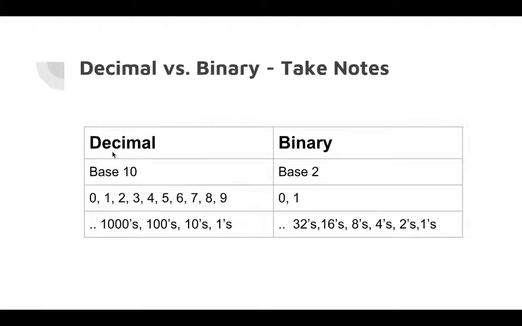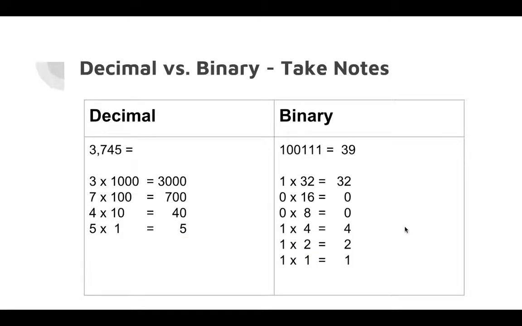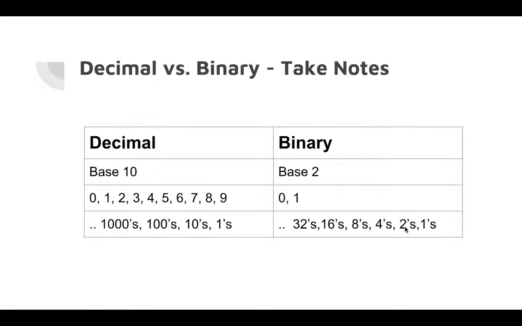In the decimal system, the place values are ones, tens, hundreds, thousands, etc. In a binary numbering system, we have ones, and then twos, fours.